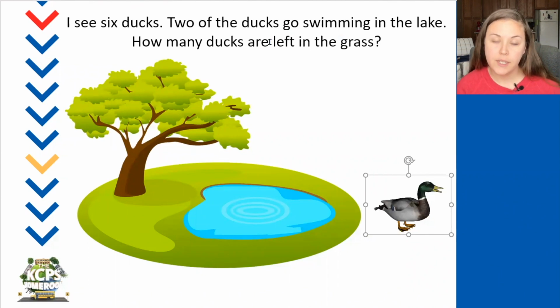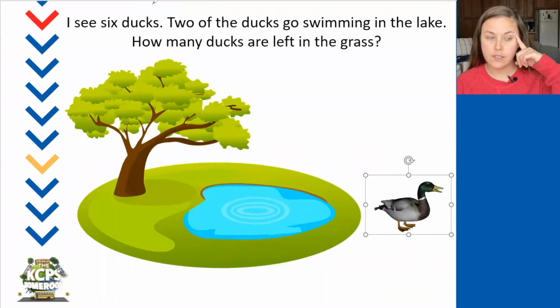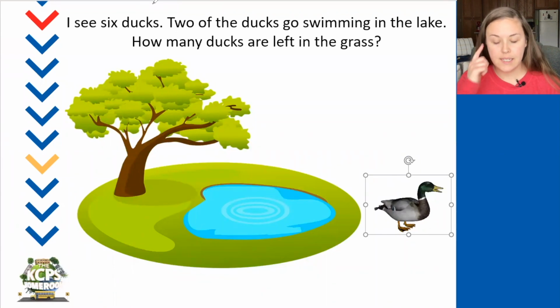So let's read the story again and write our answer statement with a blank in it. I see 6 ducks. 2 of the ducks go swimming in the lake. How many ducks are left in the grass? So I know I'm looking for a question. I know I have to write an answer statement, so that means I need to look for the question in the math problem.